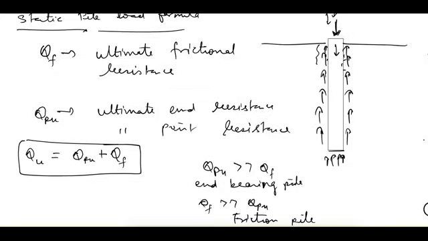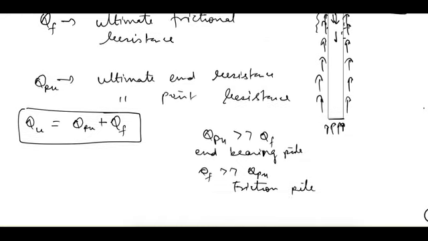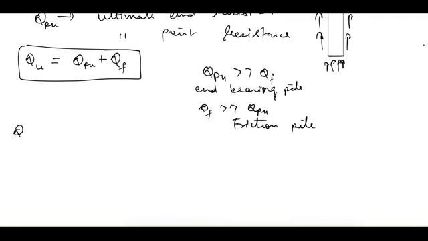Now, what kind of relative movement? Initially I said that when we place the load, there is this tendency of the pile to move downwards. Then the question is what kind of relative movement is required to completely mobilize the frictional resistance.